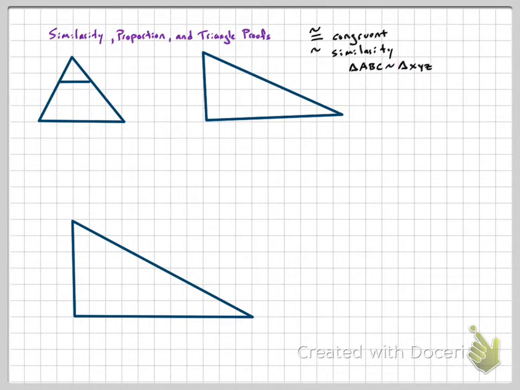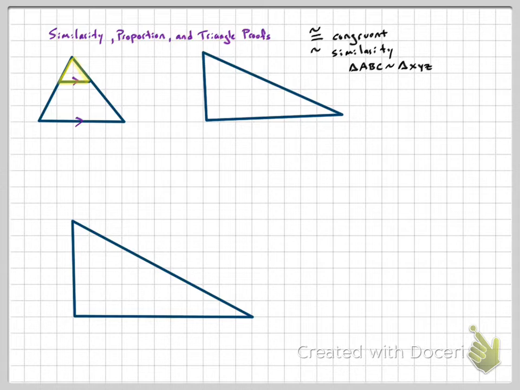So when you draw in lines that are parallel to sides of triangles within triangles, you create similar triangles. So if we look at this first diagram in the top left, if I say that these two lines are parallel, alright, that's a symbol for parallel, then that means the big triangle is similar to the little triangle.